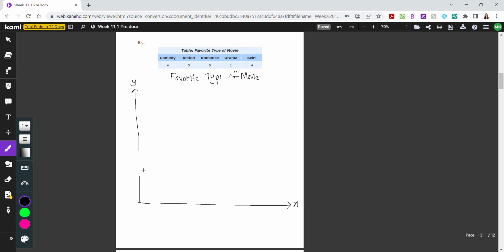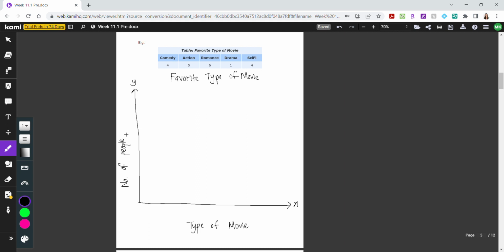So I know our x-axis is going to be type of movie, and then our y-axis, its name, if we can write aside, it's going to be number of people. Alright, so that's just labeling the axis.